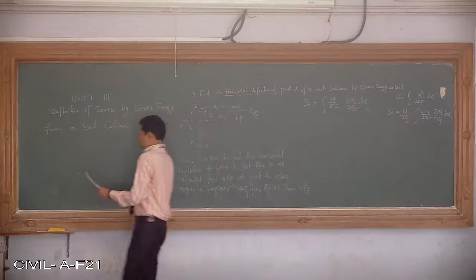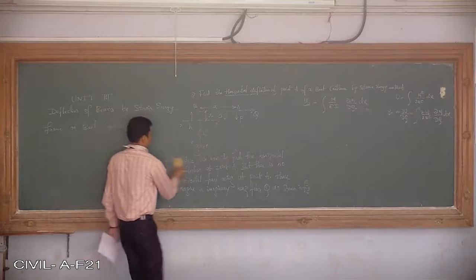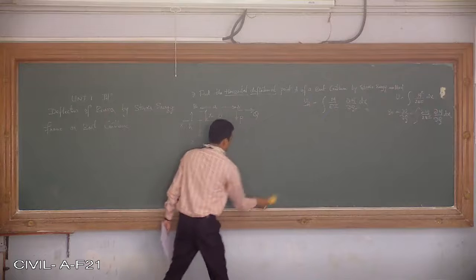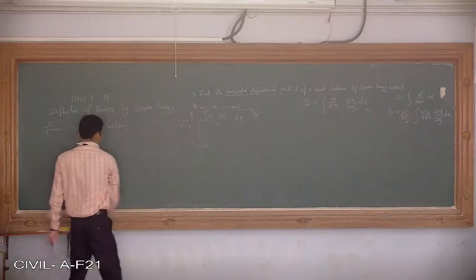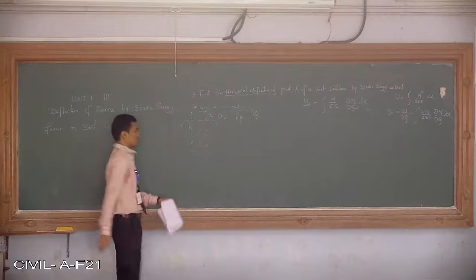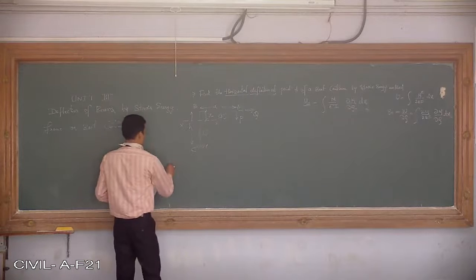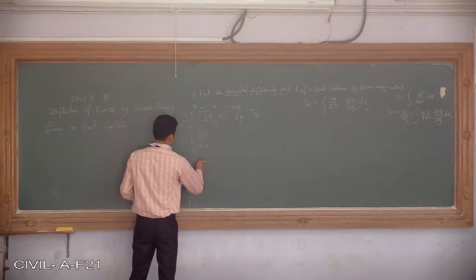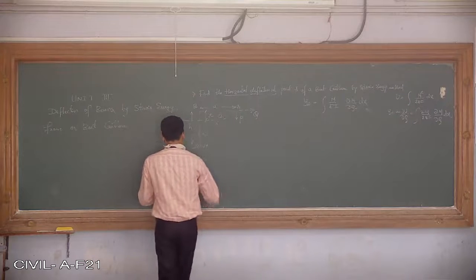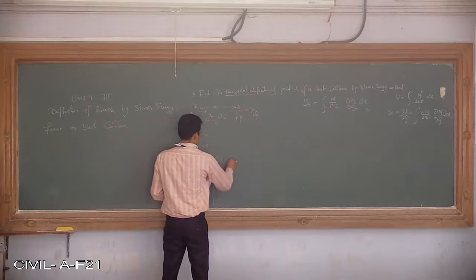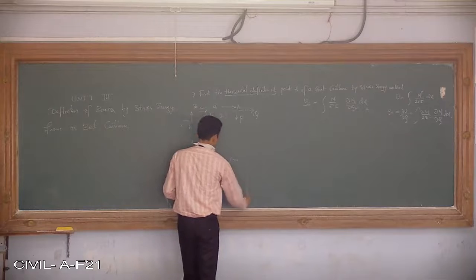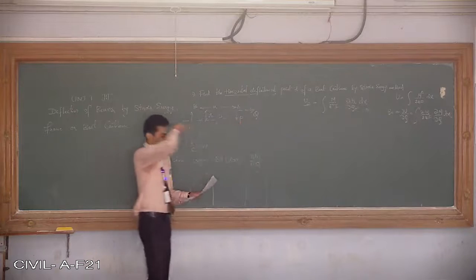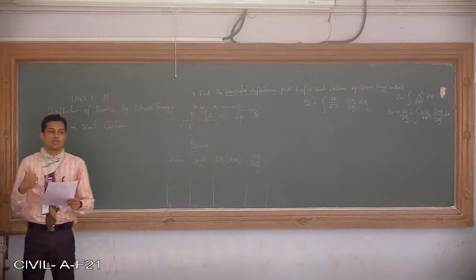Clear? So I'll put a table now. Once the table is formed, you just insert it in the formula and get the horizontal deflection. Okay. So we have portion, origin, bending moment M, then the derivative with respect to Q, not with respect to P. If you differentiate with respect to P, you get vertical deflection.